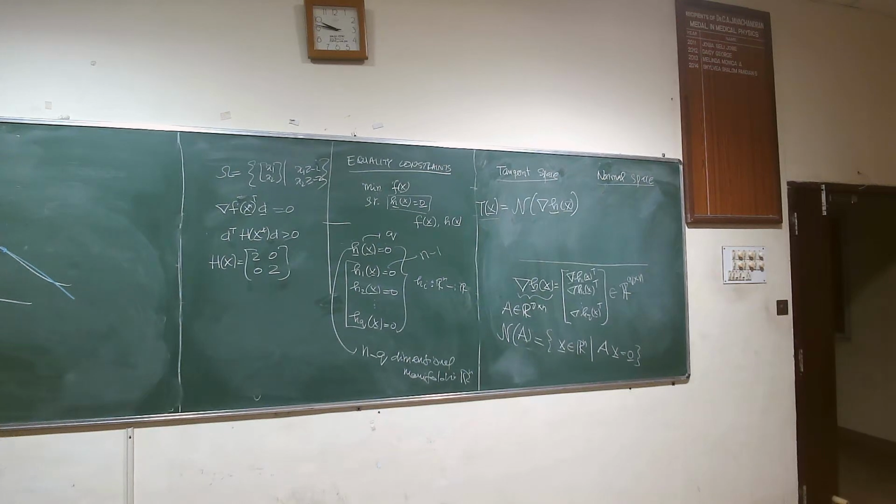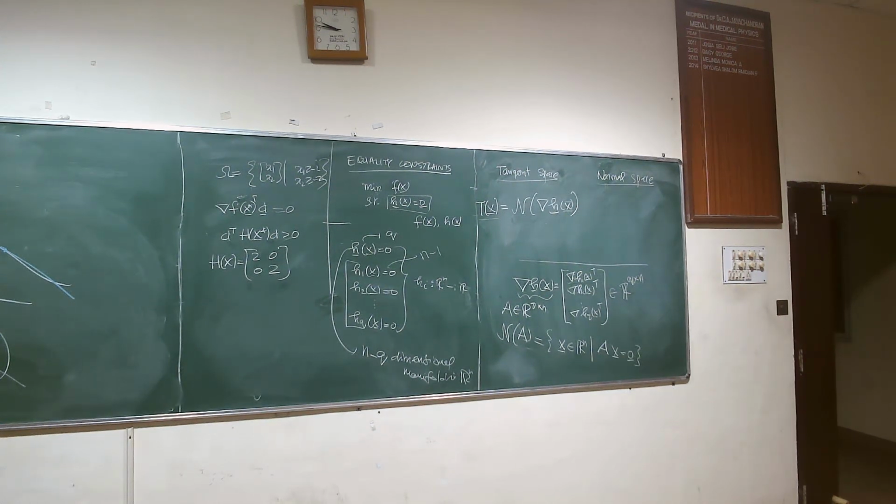The higher dimensional generalization of that is, if I have, let's say, a sphere in 3D, and let's say I'm at this point, the tangent space would simply be the plane at that point, which makes contact with the sphere only at that point.